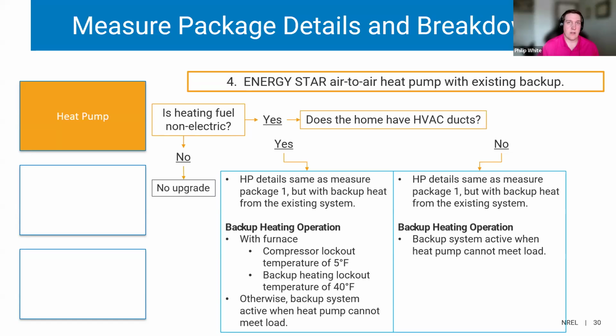We wanted to see what kind of capacity retention fractions were being used for similar cold climate heat pumps as we're modeling. And we found that 90% at 5 degrees came up with a fair amount of the models. Nothing really higher than that, which is why both measure package 2 and 3, those heat pumps are the same capacity fraction.